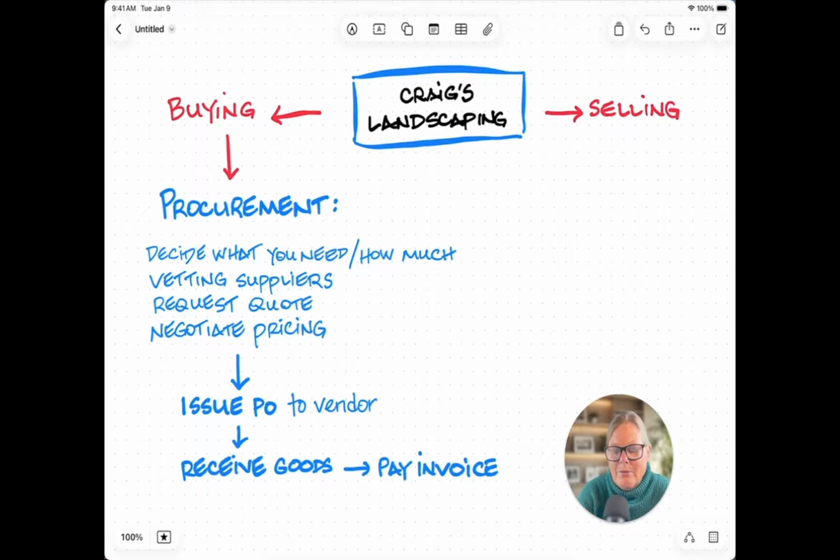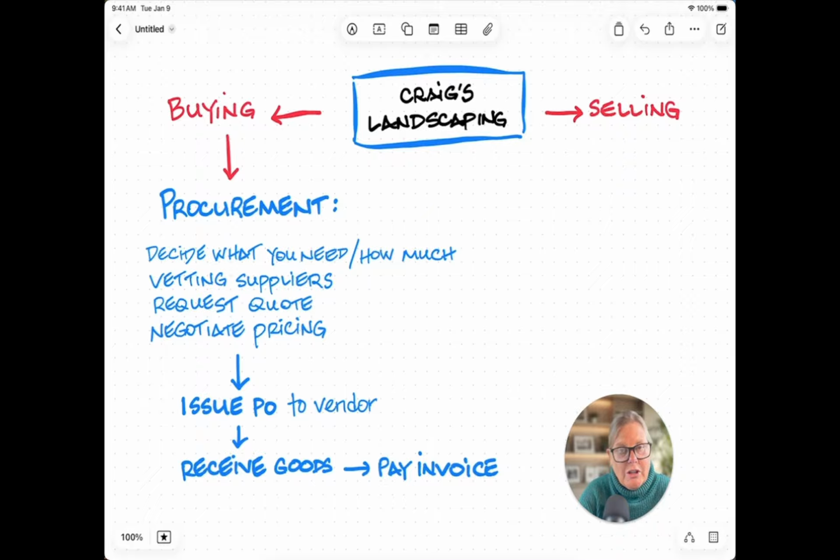Now, in this example, let's say Craig got an opportunity to redo part of a bird sanctuary. So he has to get a whole bunch of sod and soil, rocks, a pump maybe, several things that he doesn't have in stock. So he has to go to a vendor. In this example, he would have to decide how much sod he needs and which person he's going to buy it from, and then get a price from them.